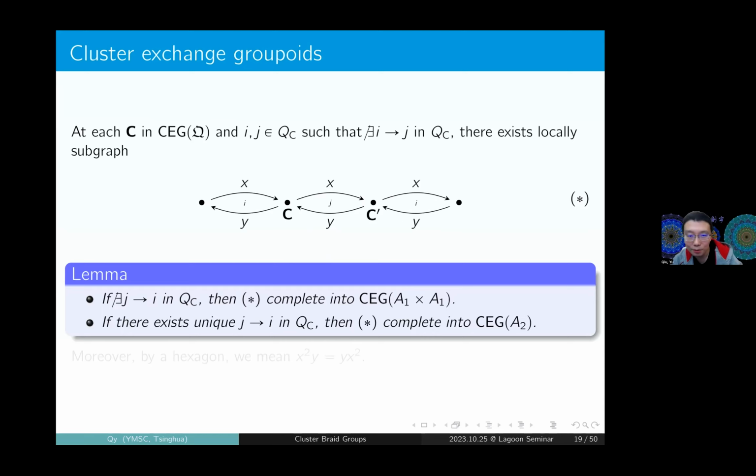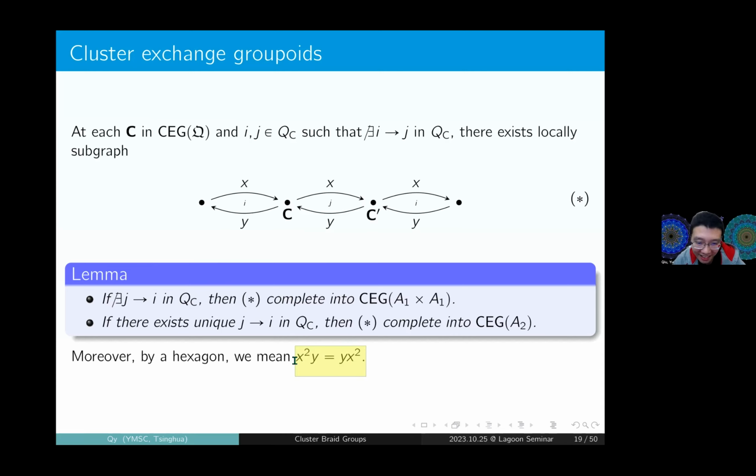If you have more arrows from J to I, then this sequence continues infinitely, like the cluster exchange graph of affine type A1,1 or A2, and then you cannot complete it.